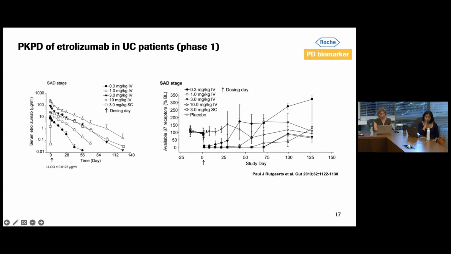The placebo stays flat in the open circles, there's no receptor occupancy. With all doses we achieved near complete receptor occupancy, but the recovery as the drug cleared is really dose dependent. And so this allowed us to narrow down the doses that we needed to take into phase 2.